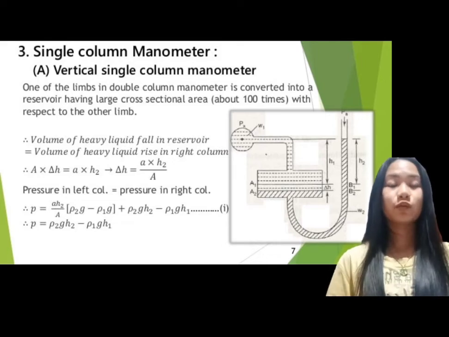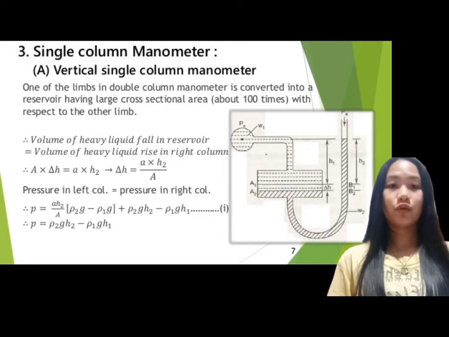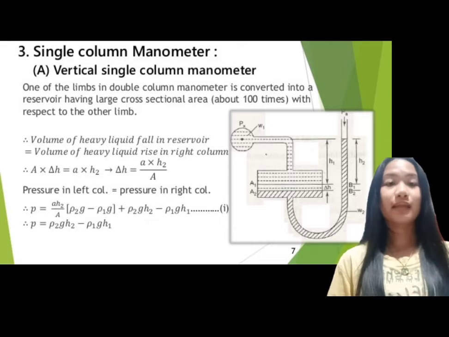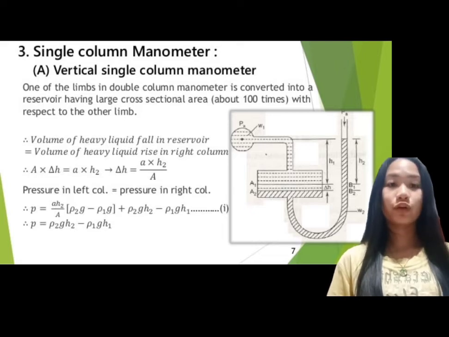Then, once na yung vertical single column manometer ay nakakonekta sa container, ang mangyayari ay yung heavy liquid reservoir ay bababa dahil sa high pressure ng liquid at point A in the container. So, therefore, the liquid will rise in the right limb of the manometer.